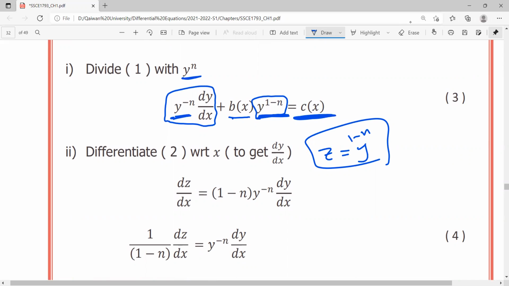So z becomes dz by dx, and y to the power 1 minus n gives 1 minus n, bringing the power to the front, then we reduce the power by 1. We get y to the power 1 minus n minus 1, so we just get y to the power minus n, times dy by dx. Since y is a function of x, we use implicit differentiation.